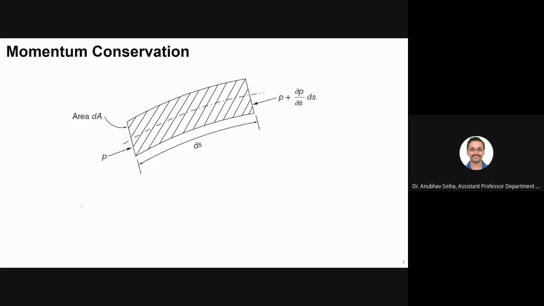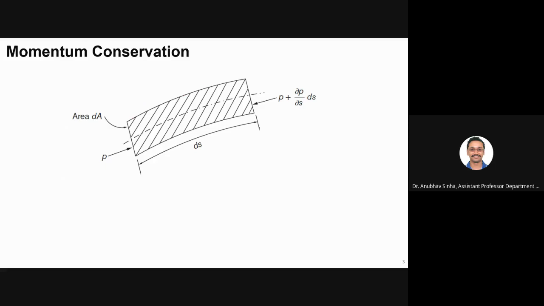Now let us talk about the momentum conservation. Basically we'll apply Newton's second law, force is equal to ma. Let us say this is a stream tube.